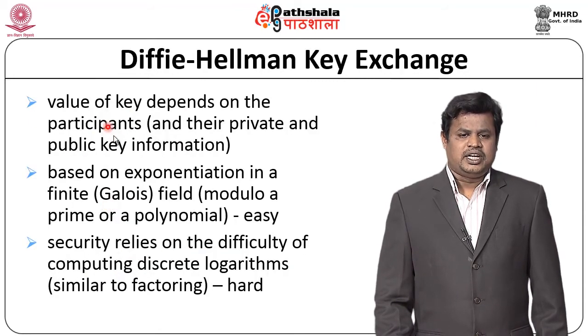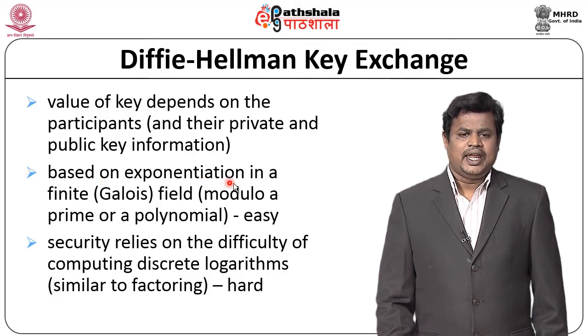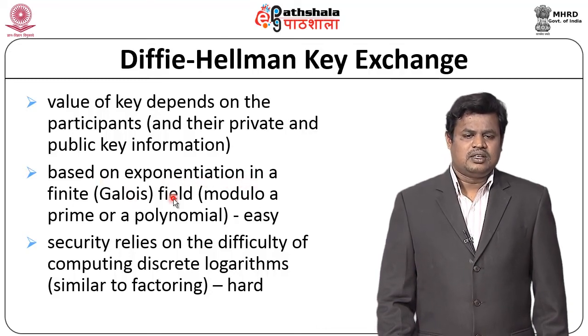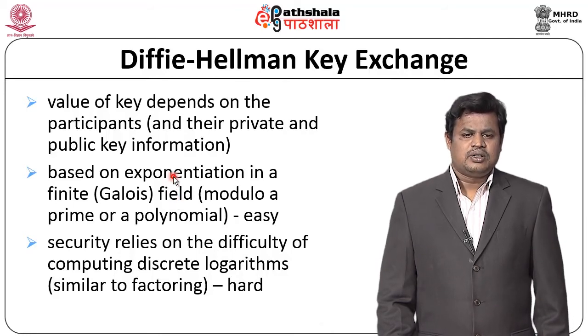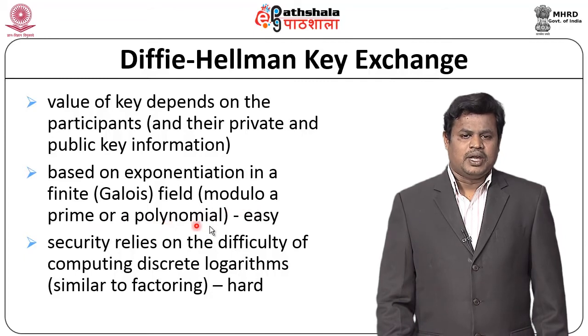And what does it depend on? As we have taken the public and private information, the value of the key depends upon the participants, and it is based on exponentiation in a finite field, that is the Galois field, with the modulo of a prime or a polynomial.